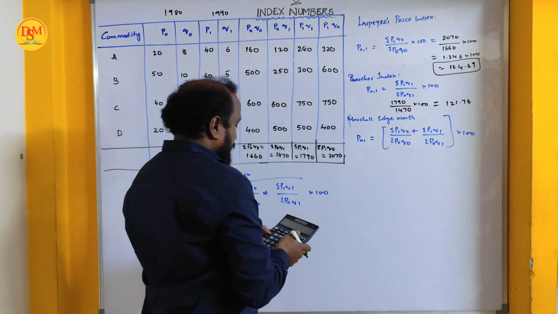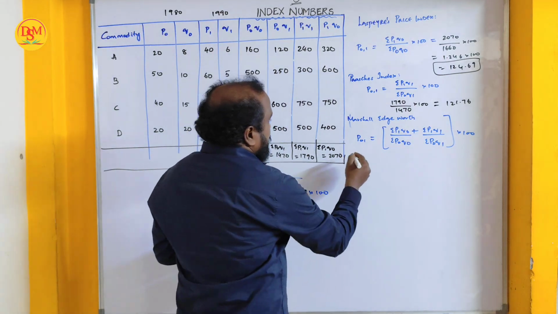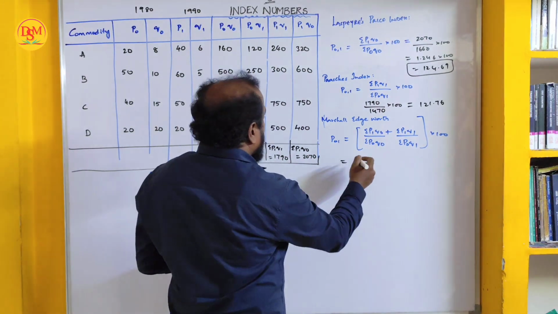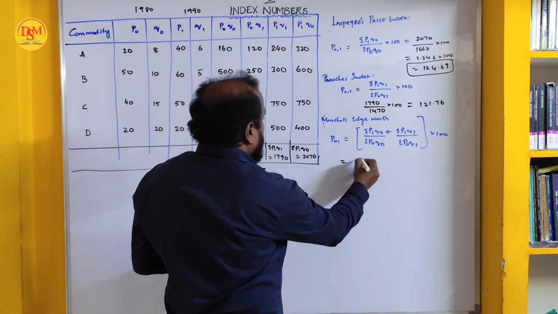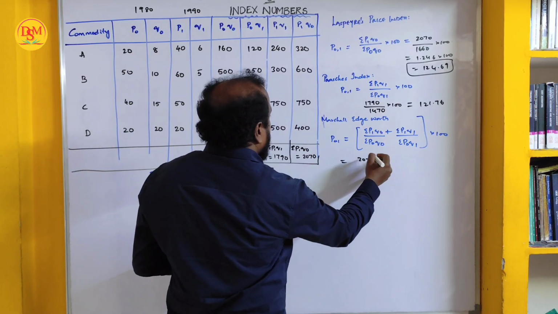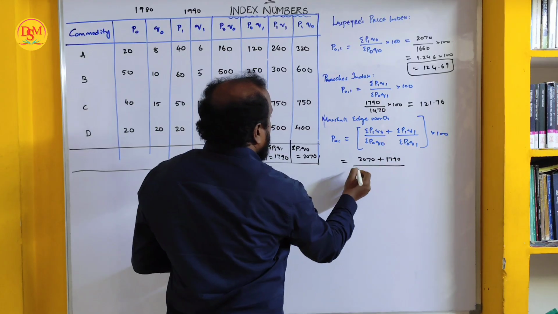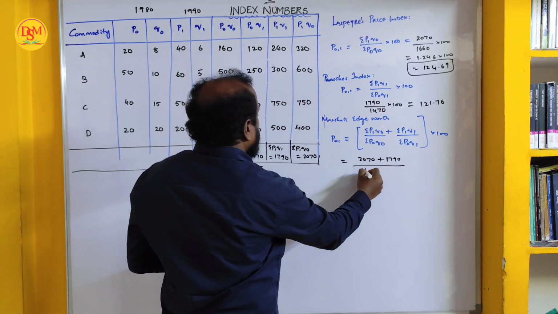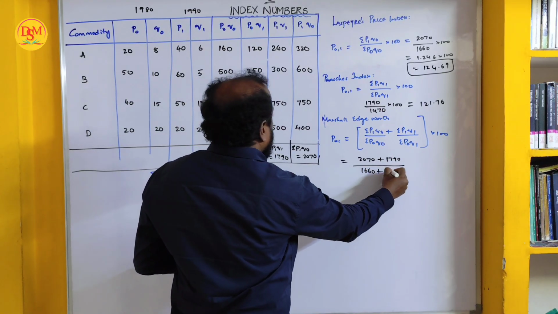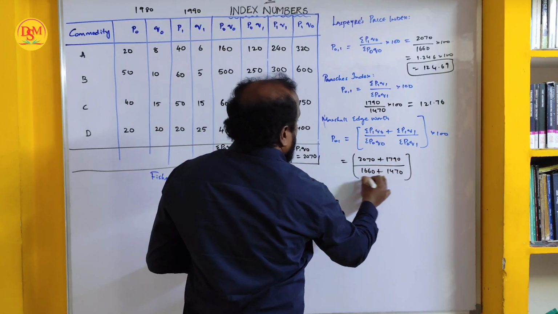It is 121.76. Next, Marshall Edgeworth: P1 Q0 is 2070 plus P1 Q1, 1790, divided by P0 Q0, 1660, plus 1470, into 100.